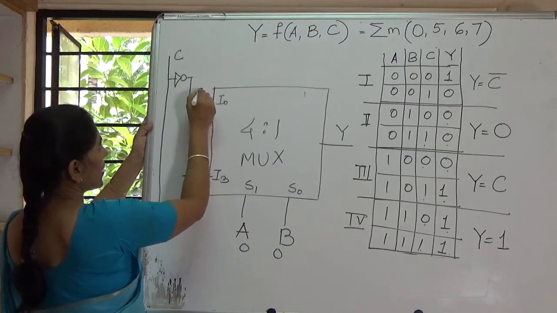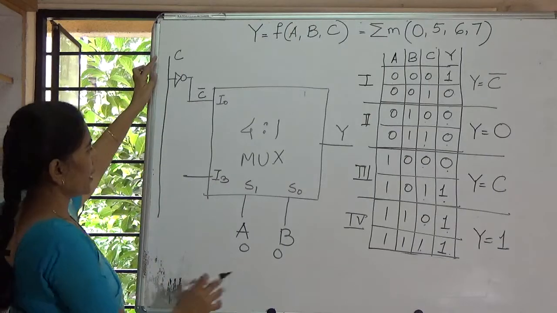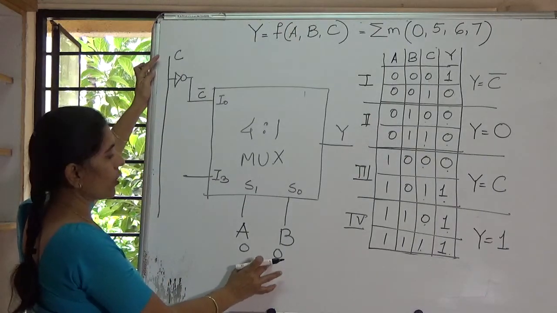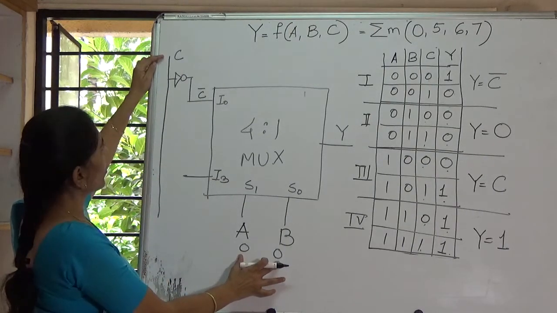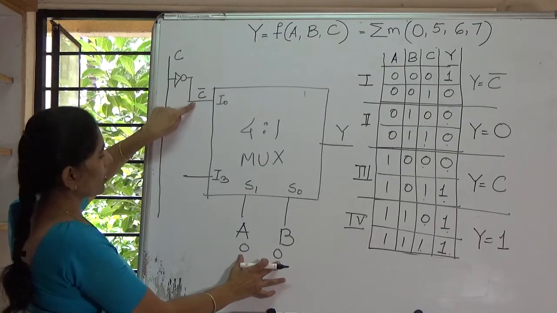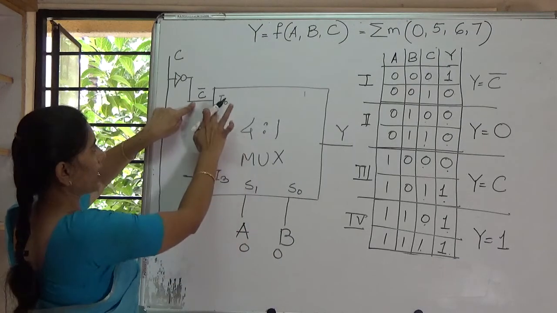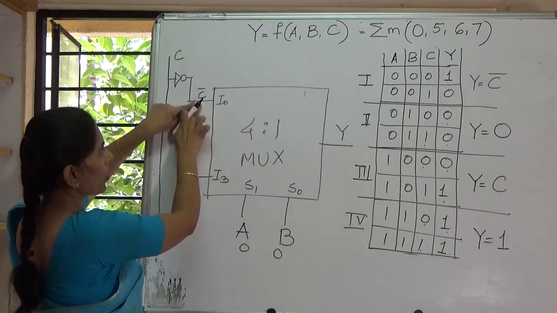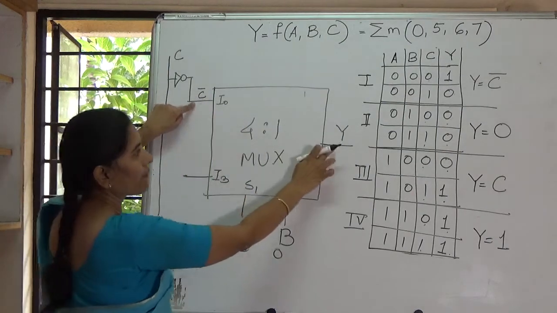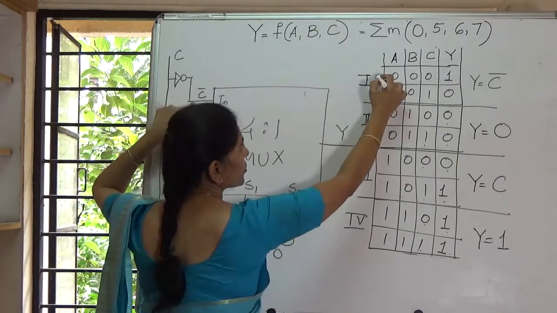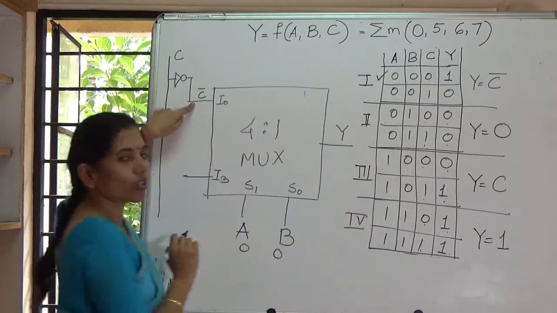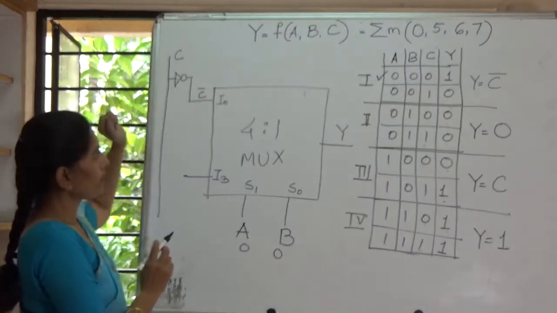So this is C bar. So if AB is 0, 0 and C is also 0, then C bar will be a 1. With 0, 0, I0 will be selected, but because C bar is a 1, Y will be equal to a 1, and this is the first combination which we will obtain.